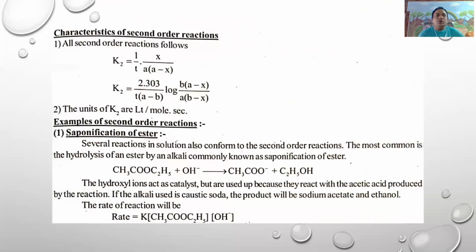Next, the characteristics of second order reactions. First, the units of the second order rate constant. The units are calculated from the rate constant equation, that is k2 equals 1 by t into x by a(a minus x). That implies k2 equals 1 by seconds into moles per liter divided by moles per liter into moles per liter.